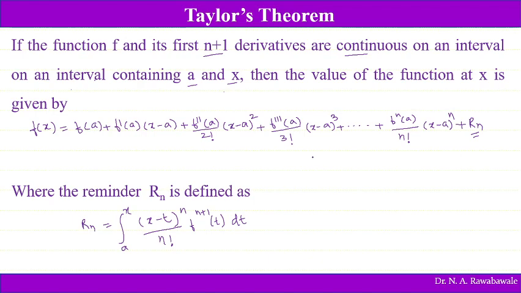So this is the Taylor's theorem, where f dash of a, f double dash of a, f triple dash of a and so on, f n of a are the derivatives of function at the point a. So now this is about the Taylor's theorem.